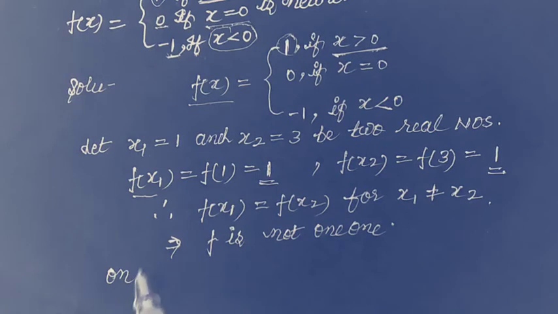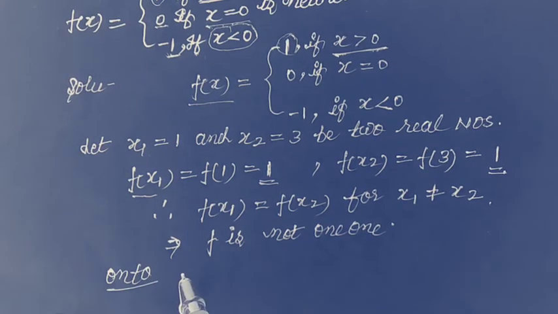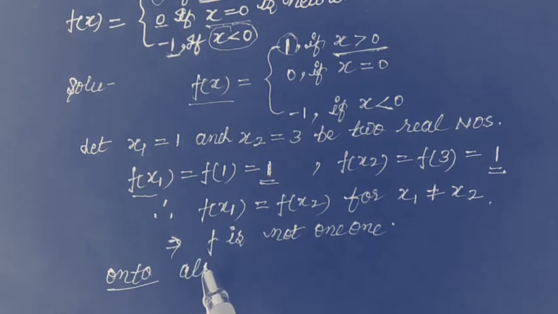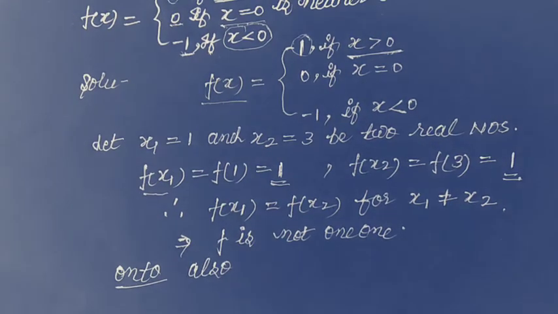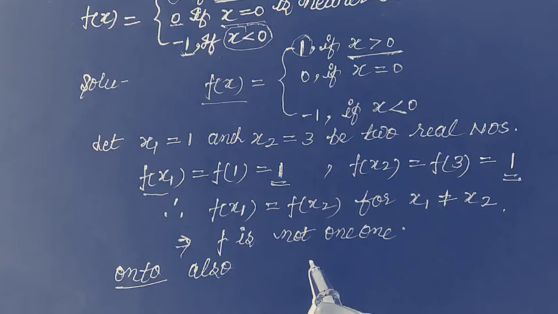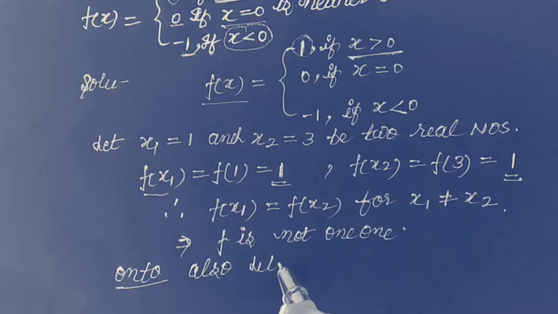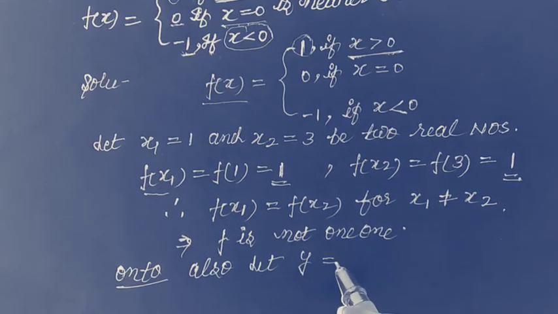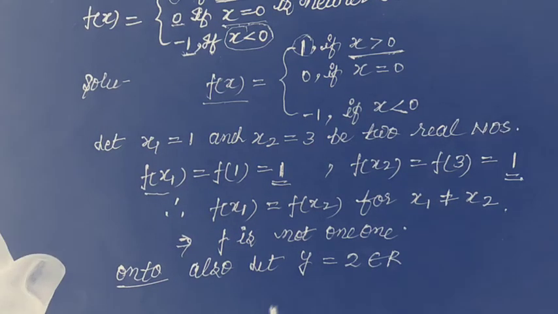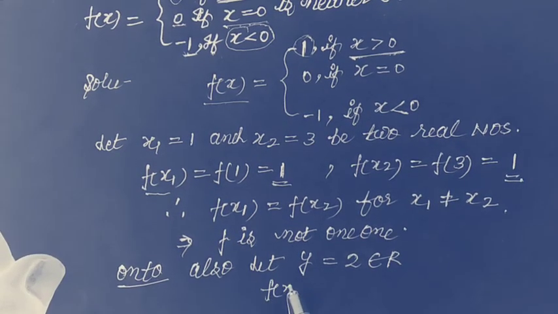Now let's check onto also. For onto, also let y equals 2, which belongs to the real numbers. So we will get f(x) equals 2.